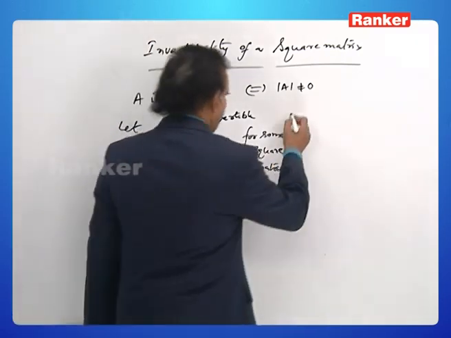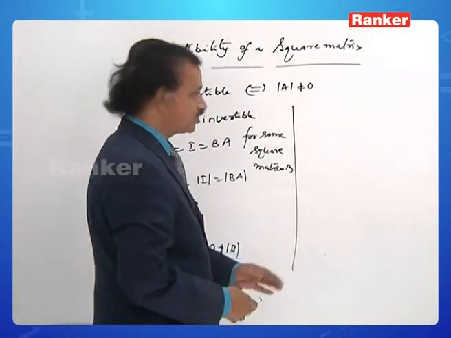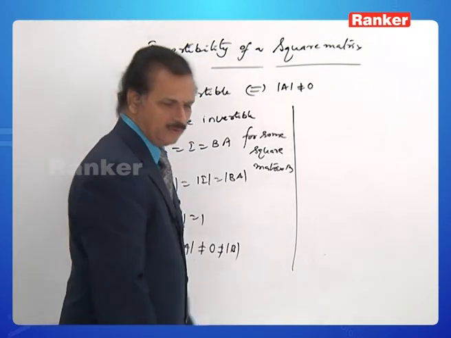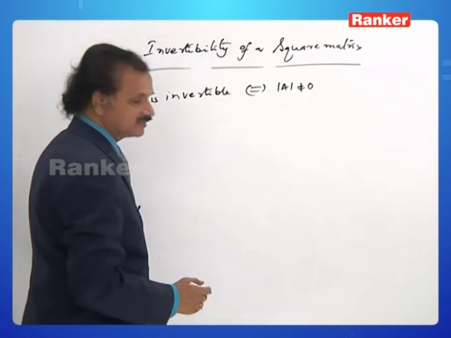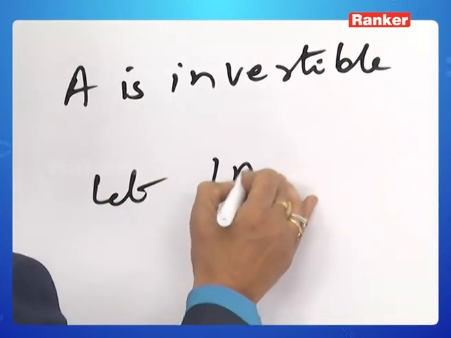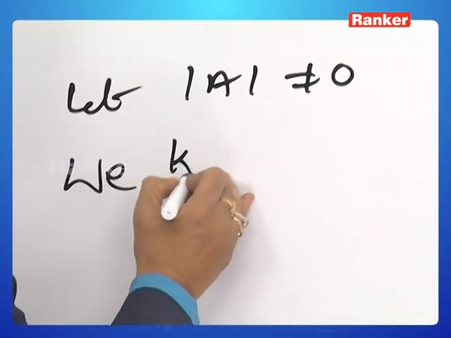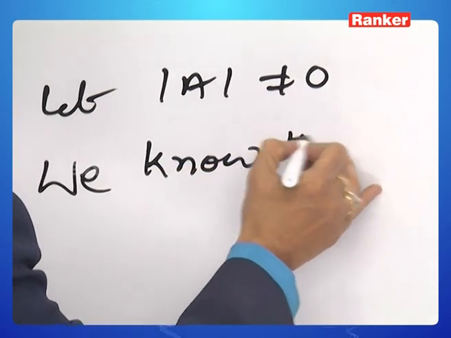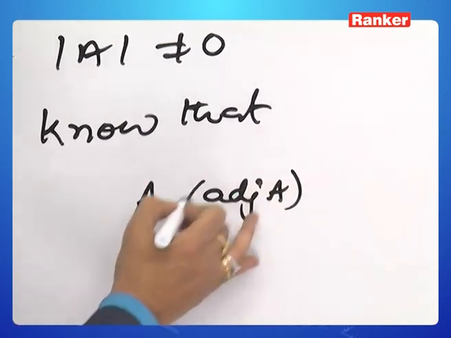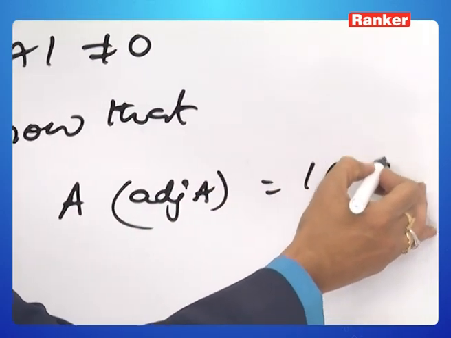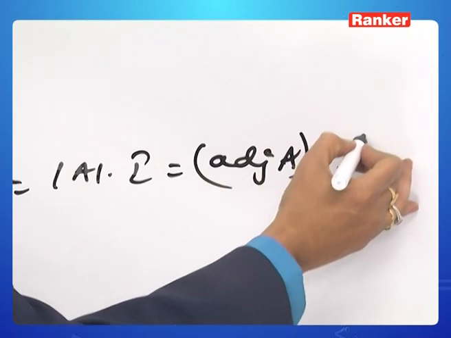Good. Conversely, we shall now verify this. Let det A not equal to 0. We have to show that A is invertible. How? Let us look at it. Now our turn is to assume that and prove this. Let det A not equal to 0. We know that A into adjoint A is equal to det A into I is equal to adjoint A into A. Right?